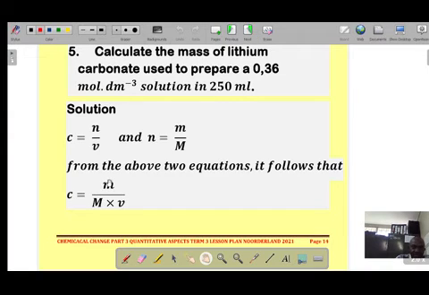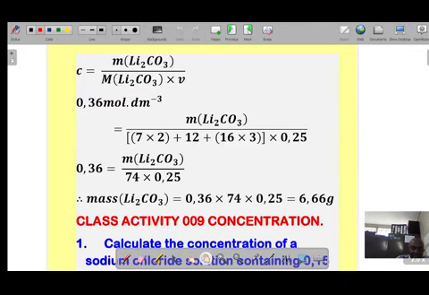Now this mass is what I'm looking for. I can get the molar mass because I know it's lithium carbonate. They gave me the volume and the concentration. So if I substitute and compute this, this is my concentration, and I want the mass.